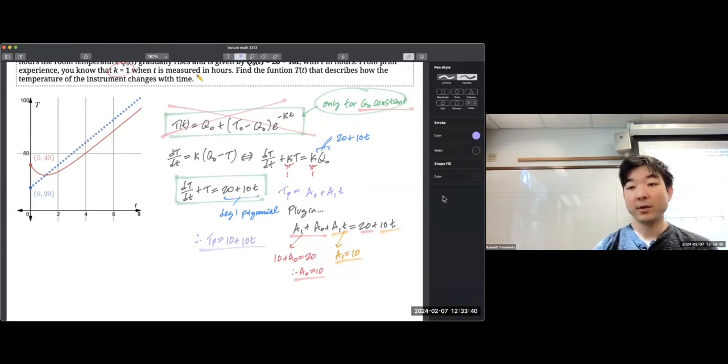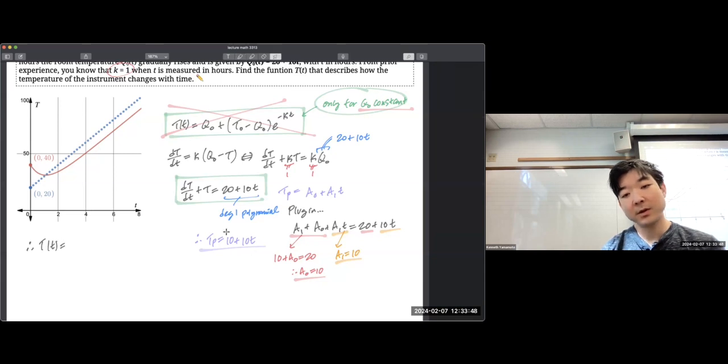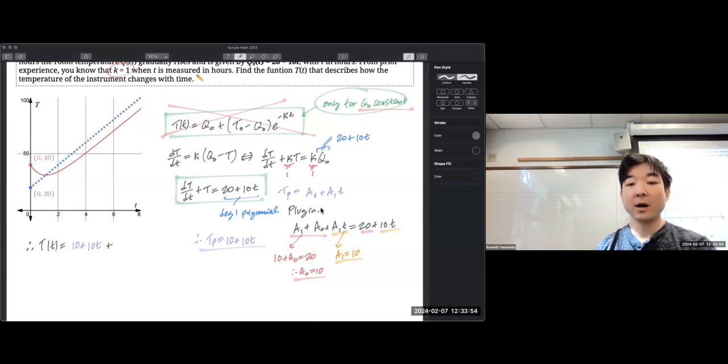And you can build a general solution, again, by just saying that our T of t is going to equal our particular solution, which is this, plus the homogeneous solution, which is just reading off the, there's a plus capital T here, so the coefficient in front of that was 1, so it's going to be negative K, well, negative t.